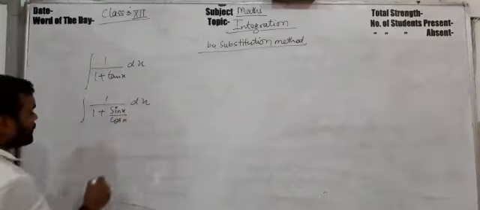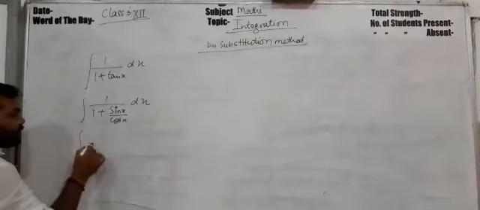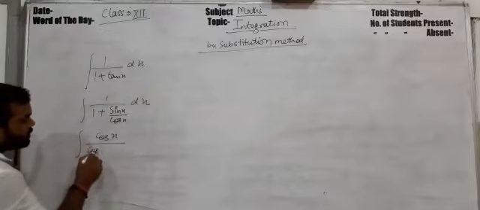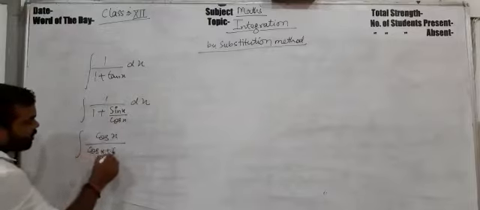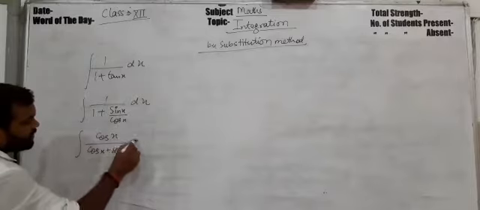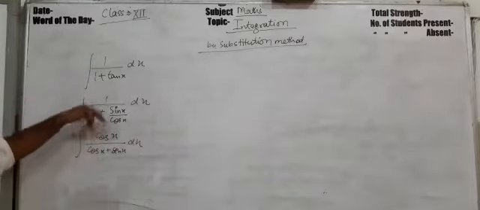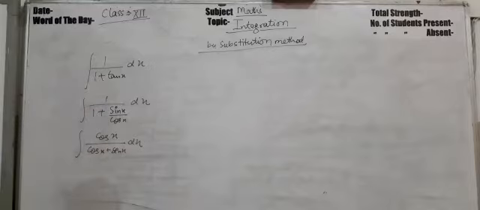On simplifying, this becomes cos x upon cos x plus sin x dx. Now take LCM, cos x will be the numerator.